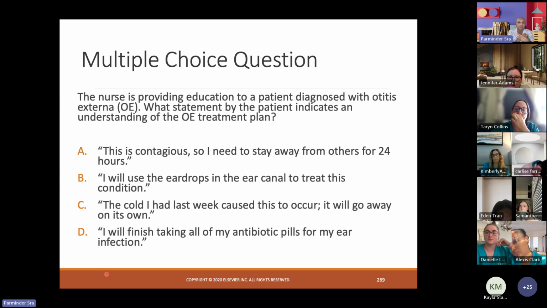Perfect, yes. B is the correct choice. They'll use the eardrops in the ear canal to treat this condition.